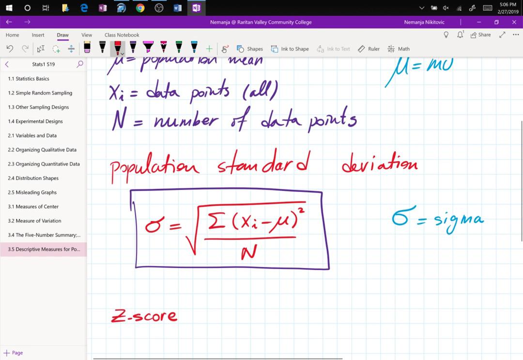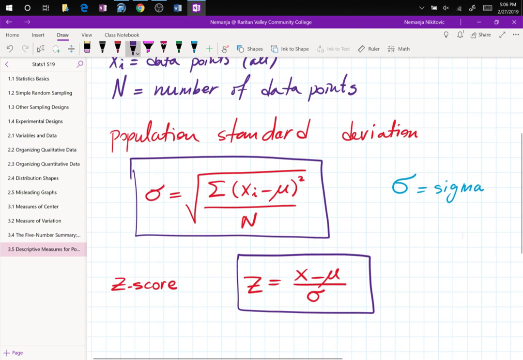Z-score is just a simple formula. Z equals x minus mu over sigma. And we need to know what it does.